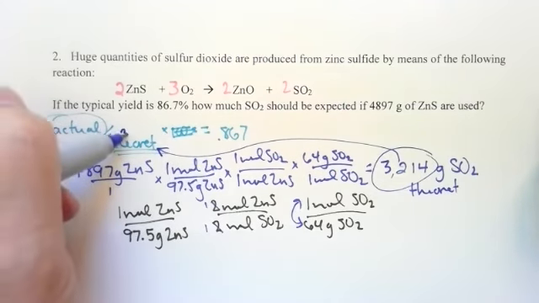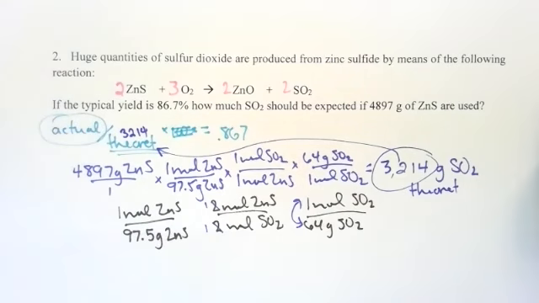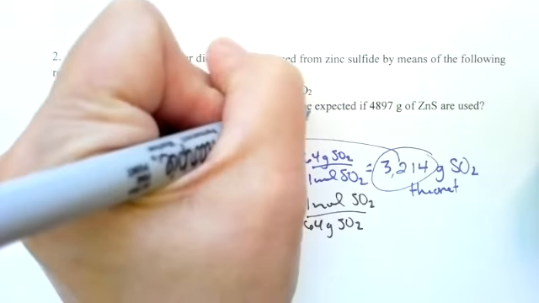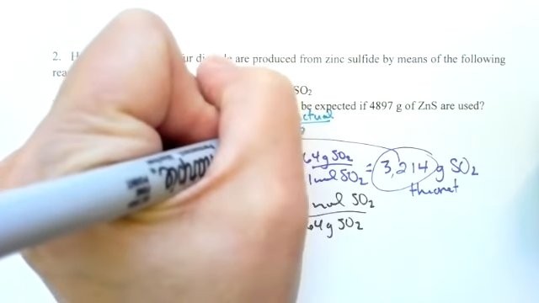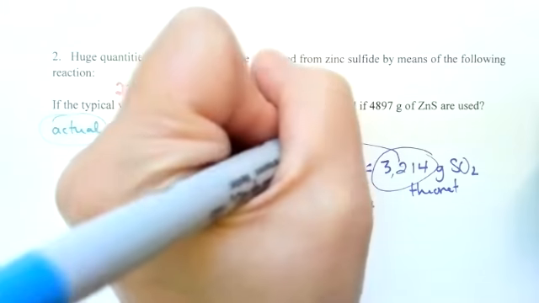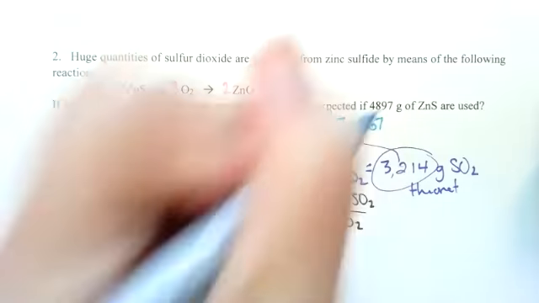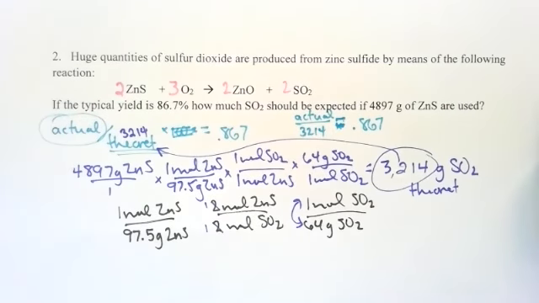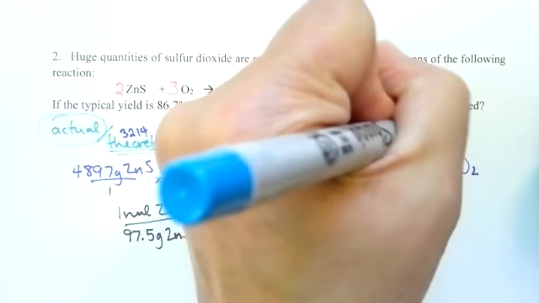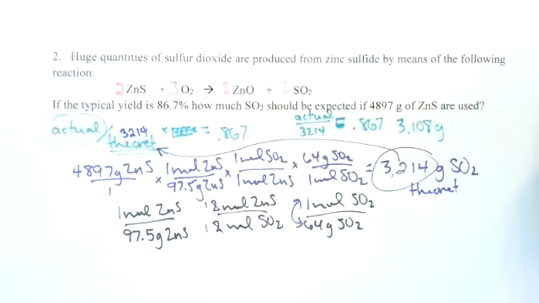I get the actual amount divided by 3214 equals 0.867. And when I solve that, I end up with 3,108 grams expected.